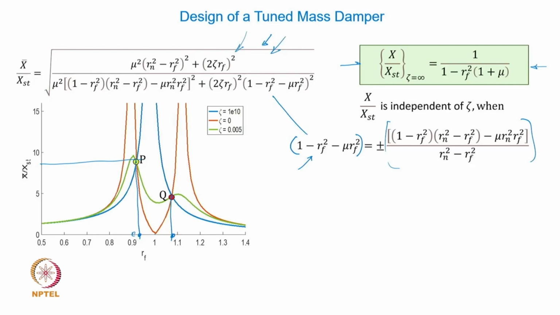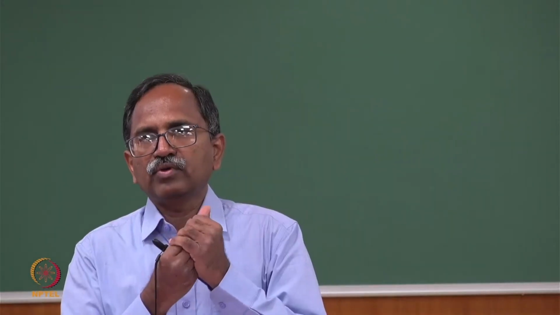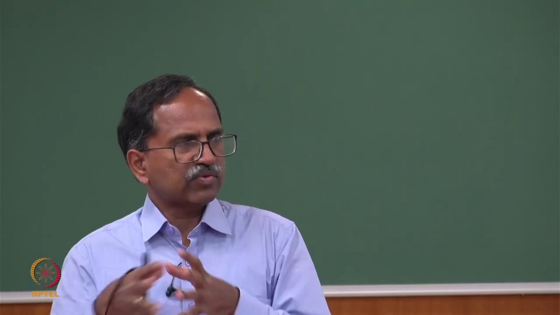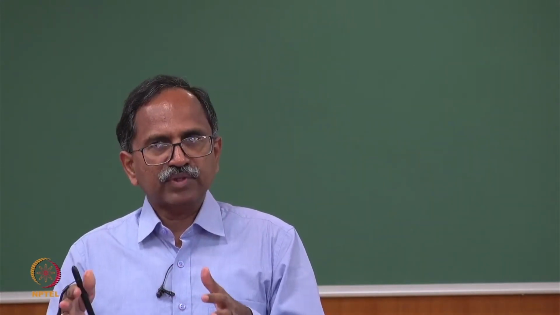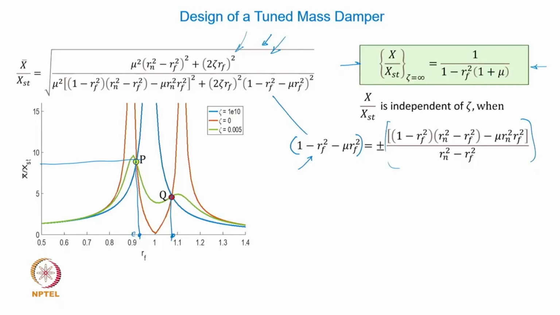The equation will be devoid of zeta, or zeta will disappear. It's quite possible to show that. We will not get into that. Trust me that when this is valid, you will find that in the x over xst expression zeta disappears from it, which actually means that if this condition is satisfied, it pertains to this point and this point.